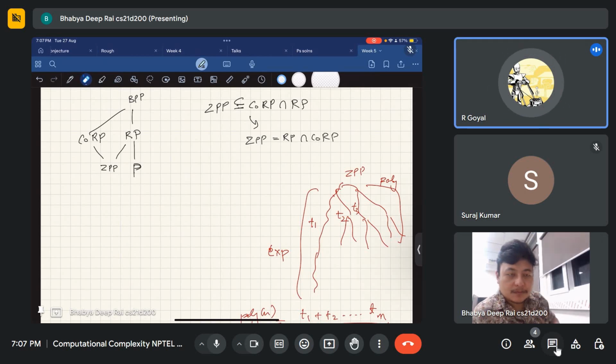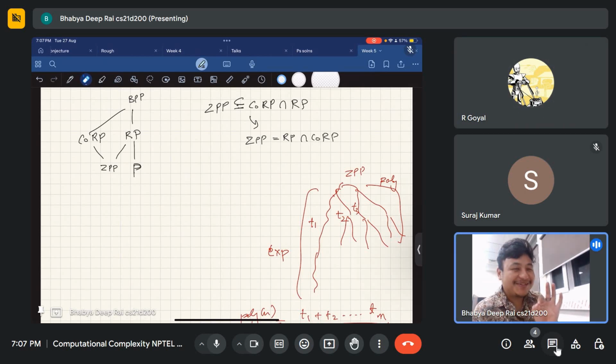I said that since in the case of ZPP, expected time is polynomial, we may have exponential, so therefore P is contained in ZPP.